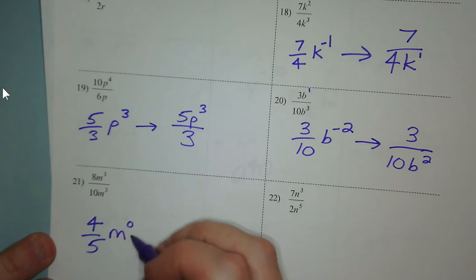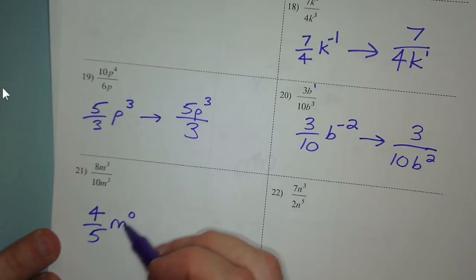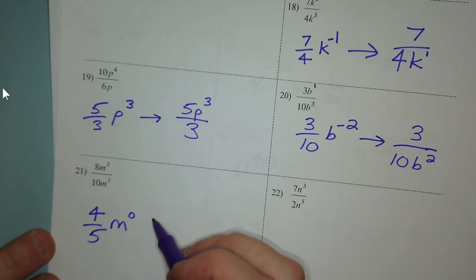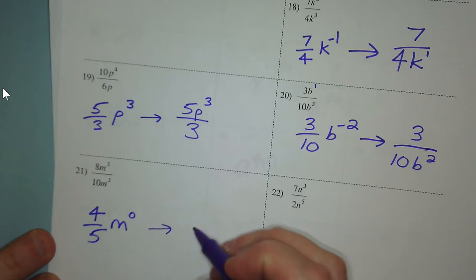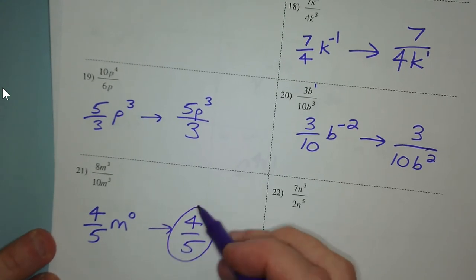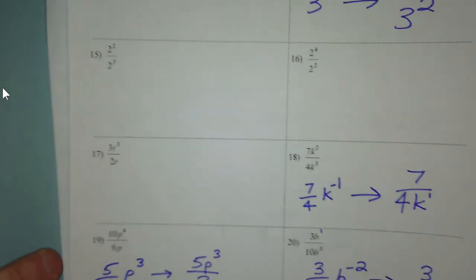When you subtract those powers, you get m to the 0, and you have to remember that anything to the 0 power is just 1. So really, this just ends up being 4/5. You would pretty much need to go all the way to 4/5. Okay. So that's page 2.